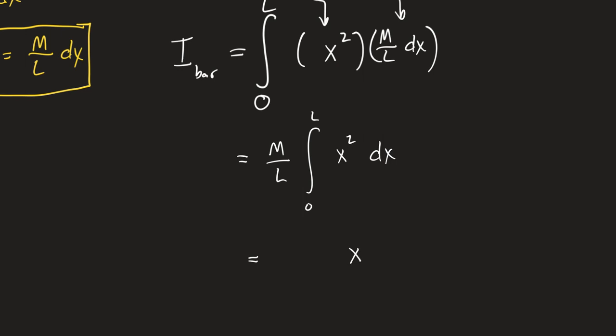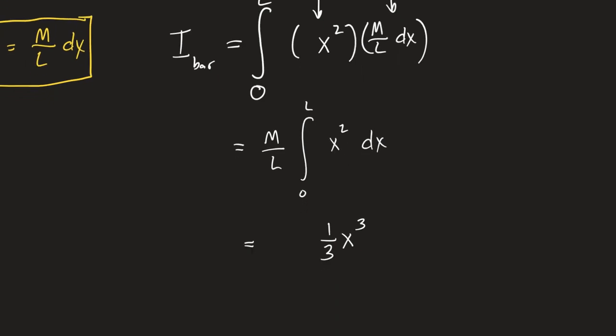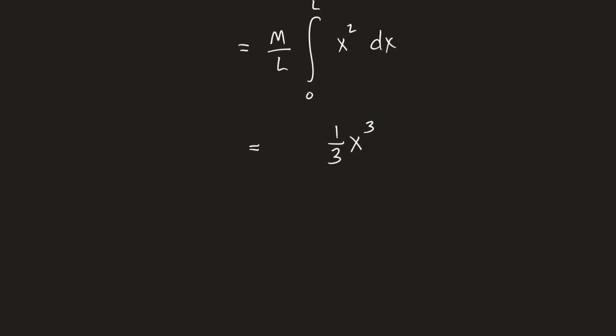You should remember how to do this from back in September, but if you don't, we are going to add 1 to the exponent, and we are going to divide by the new exponent. I have found the antiderivative of x squared. It is 1/3 x cubed.